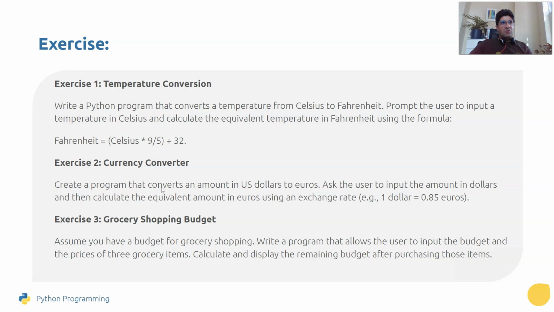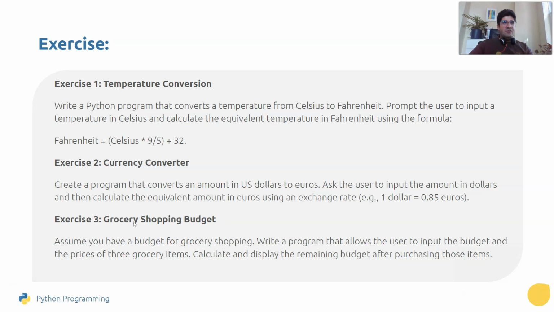You need to create a program that converts an amount in US dollars to euros. So you ask the user to input the amount in dollars and then calculate the equivalent amount in euros using an exchange rate. So in fact, you have two inputs, one input for the amount of dollars that they want to convert, and you also need to ask the exchange rate, and then you need to convert that.